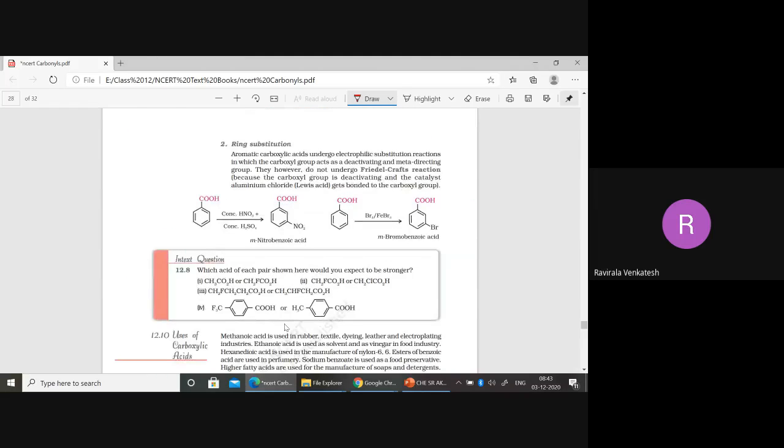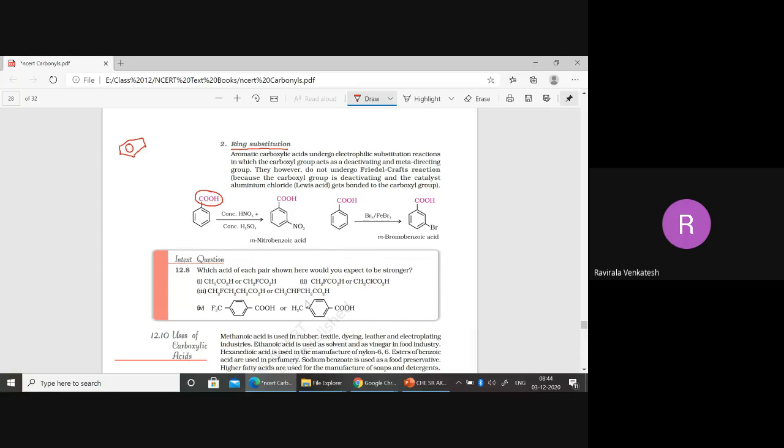Next, if you go for ring substitution reactions, what happens? Ring substitution means electrophilic substitution reactions. Here, if you observe, this group is just like benzaldehyde. I explained the same concept in the carbonyl compounds chapter on benzaldehyde.